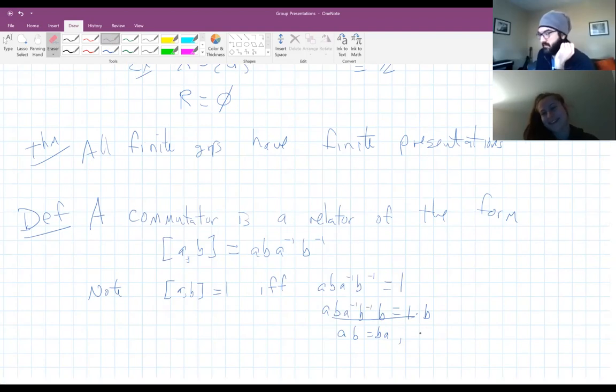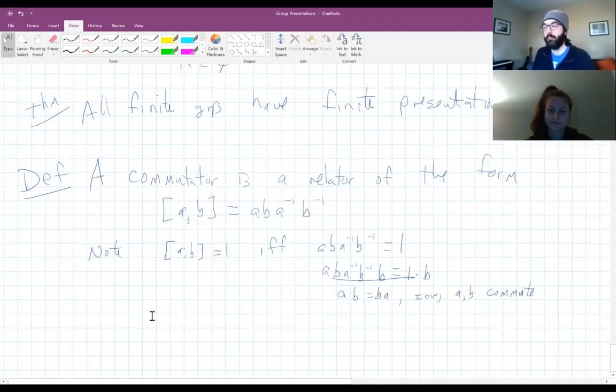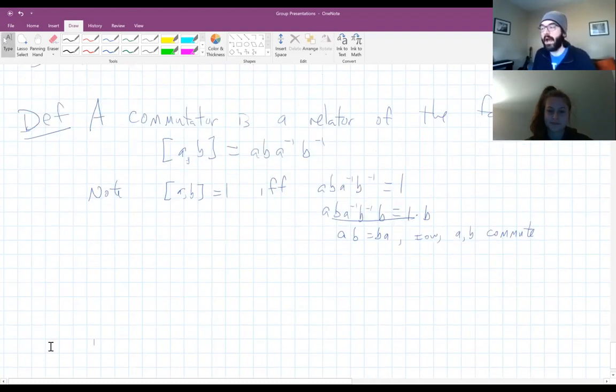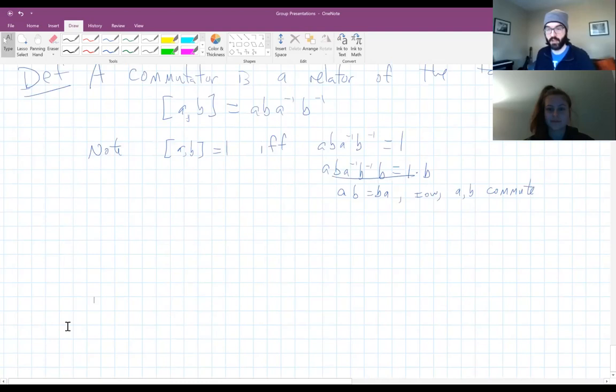That makes sense. So in other words, A and B commute. So if you want to make a group abelian, you mod out by the commutator because that makes everything commute. For example, take the group generated by A and B with the single relator, the commutator [A, B]. What group is this?